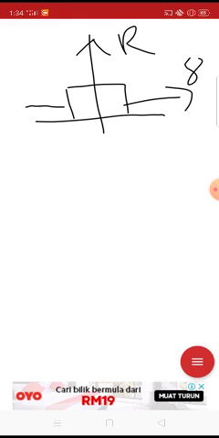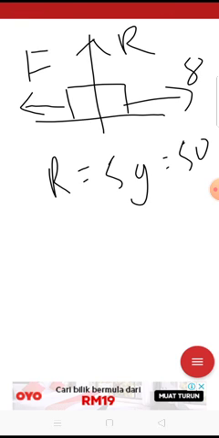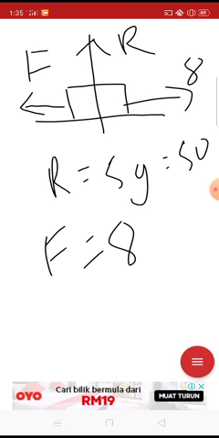On the opposite side you will have a frictional force F. Since the box is at rest, the horizontal forces are in equilibrium. So you can say that R equals 5g for the vertical force, and F equals 8 Newton.